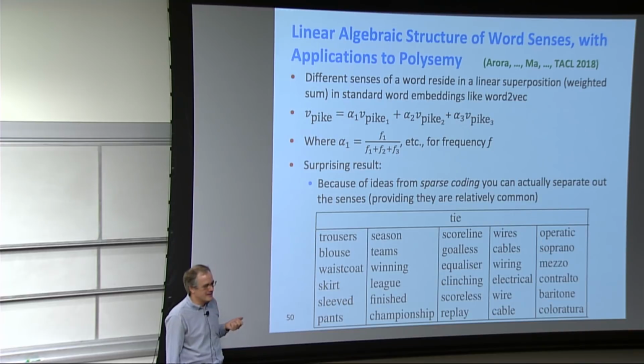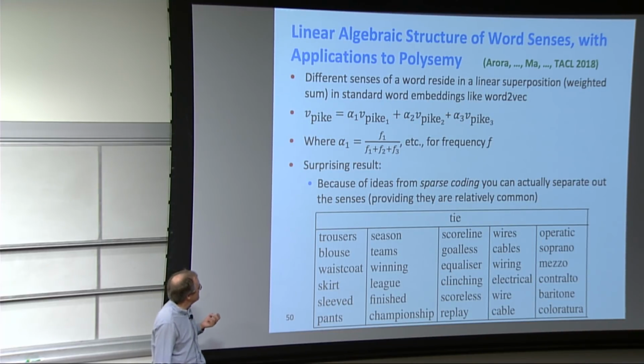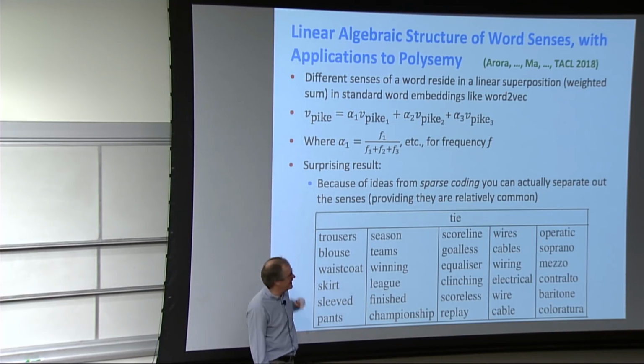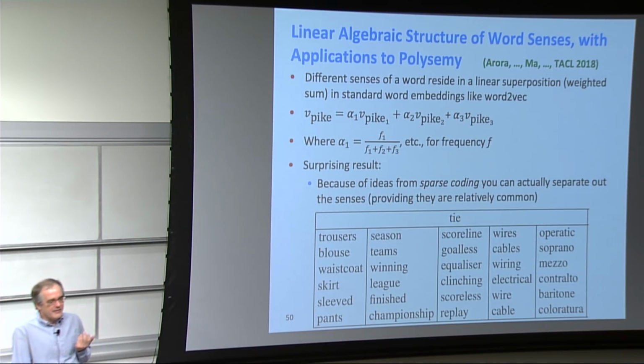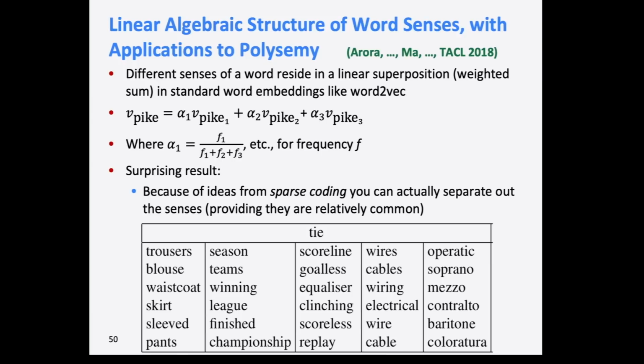So that part maybe is not too surprising, but the part that's really surprising is, well, if we're just averaging these word vectors, you'd think you couldn't get anything out of the average, right? Like if I tell you I'm thinking of 2 numbers and their weighted sum is 54, what are my 2 numbers? You're really short of information to be able to answer my question.